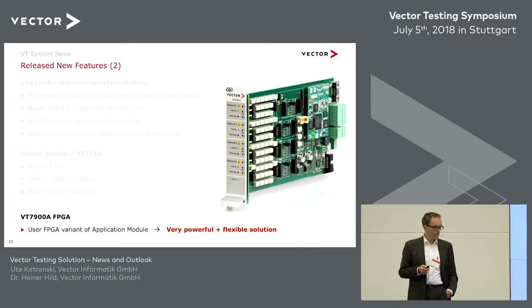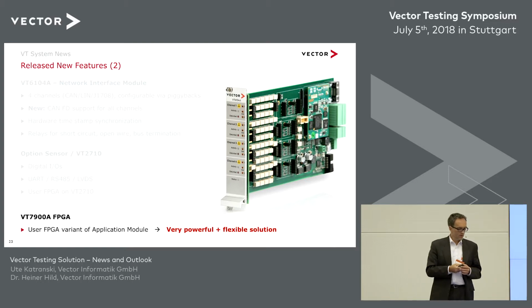And then there is some news about the VT7900. For those who don't know it, that's a carrier for application boards, a VT insert, which enables the user to contribute their own electronics into the VT assembly.